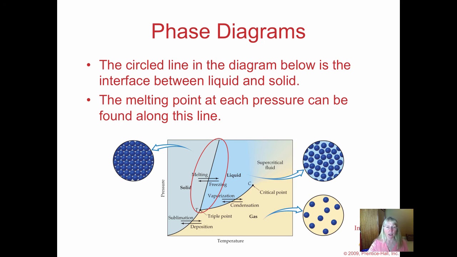And usually if you increase the pressure, which is what I'm doing as I move up the line, it's going to favor the more compact form of a substance. And usually if you're going at higher and higher pressures, you're going to need higher and higher temperatures to be able to get that substance to melt. And that's why this line would have a positive slope.